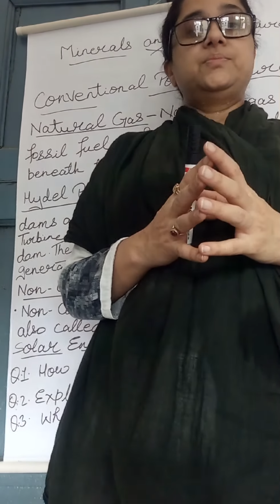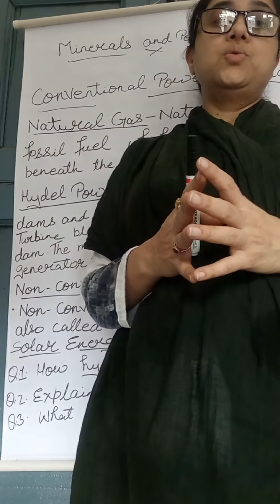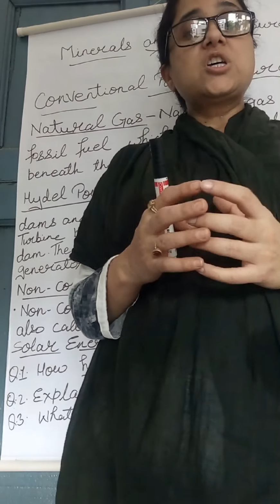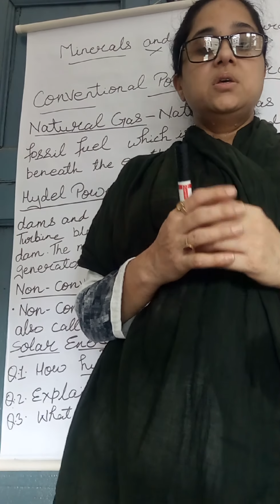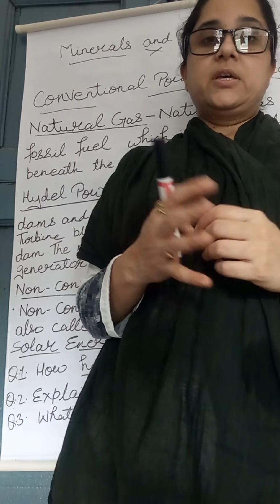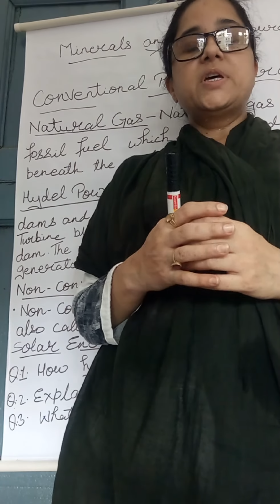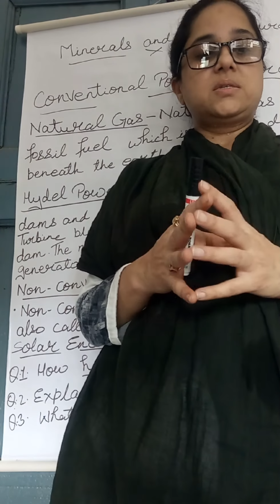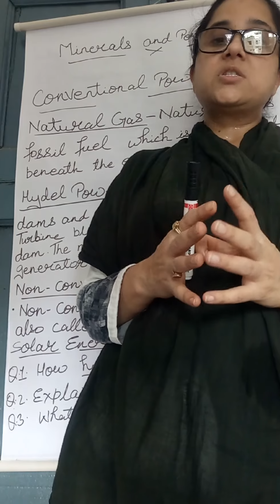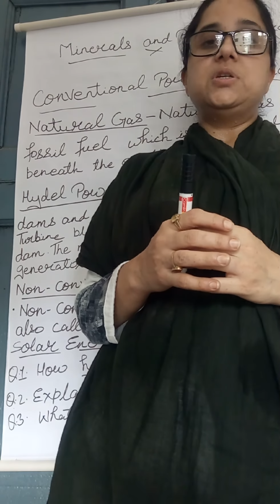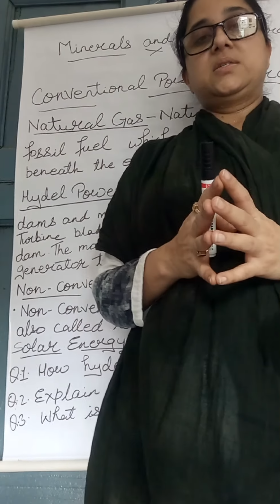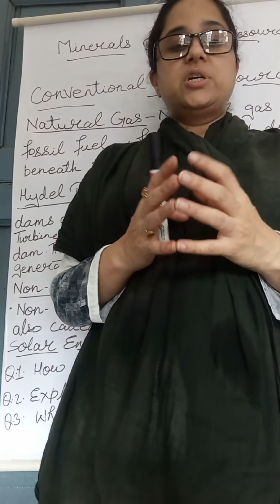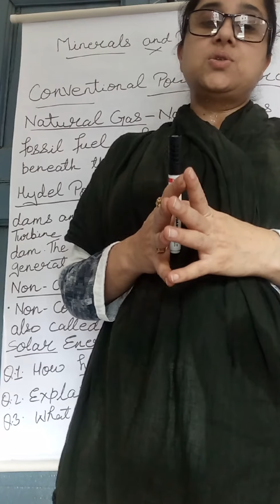Natural gas is also used as a transport fuel. Nowadays we are using CNG vehicles, that is compressed natural gas, as well as the domestic fuel LPG, liquefied petroleum gas, and it is also used for generating electricity.